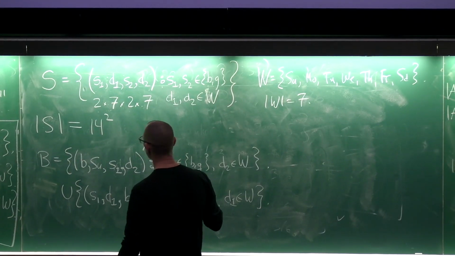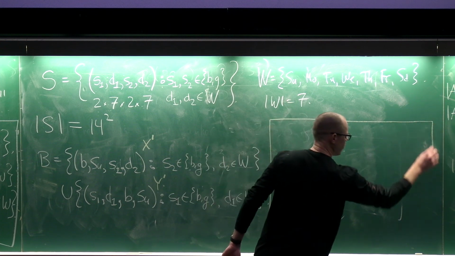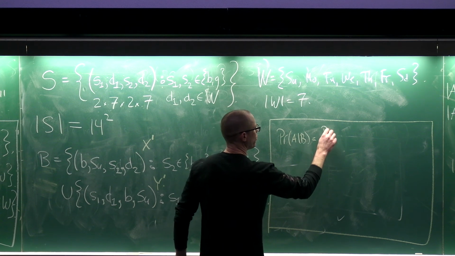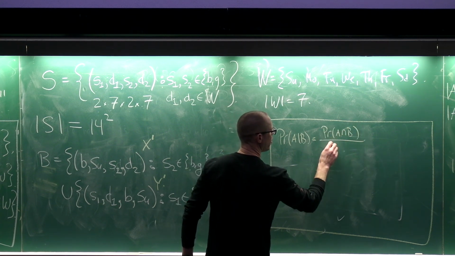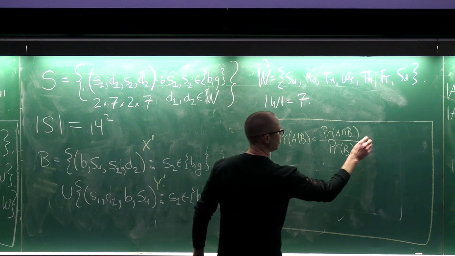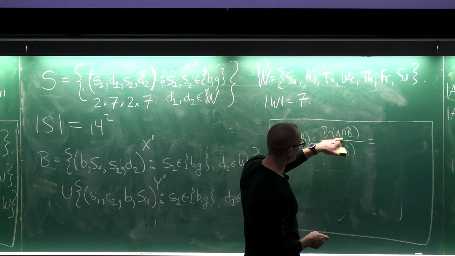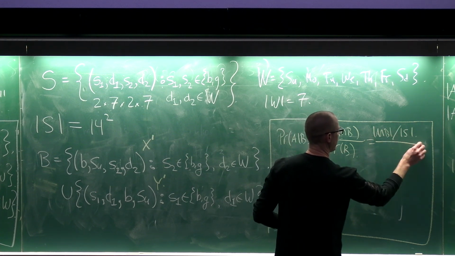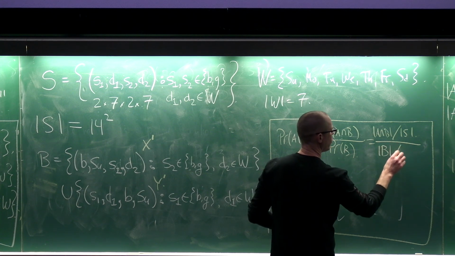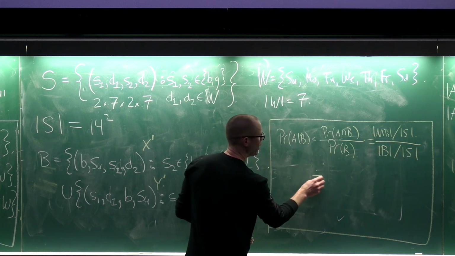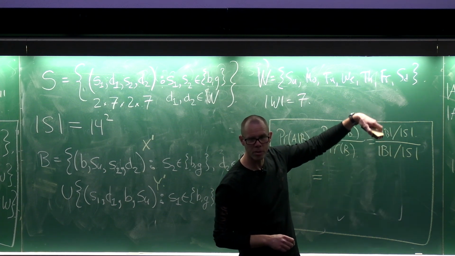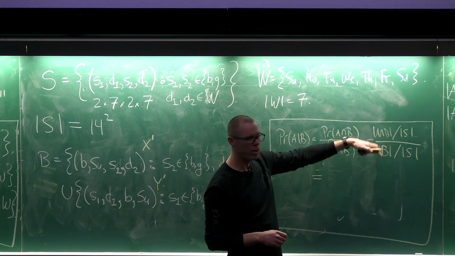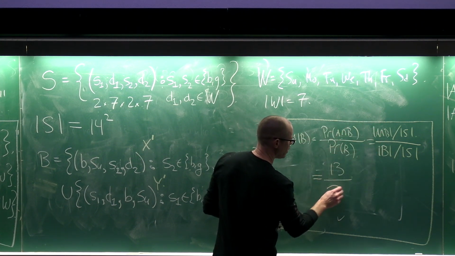Where can I finish this? Probability of A given B is equal to the probability of A and B divided by the probability of B. This is equal to the size of A and B divided by the size of S. This is equal to the size of B divided by the size of S. The size of S doesn't matter because it appears on the top and the bottom, so all that matters is the size of A and B divided by the size of B, which is 13 over 27.